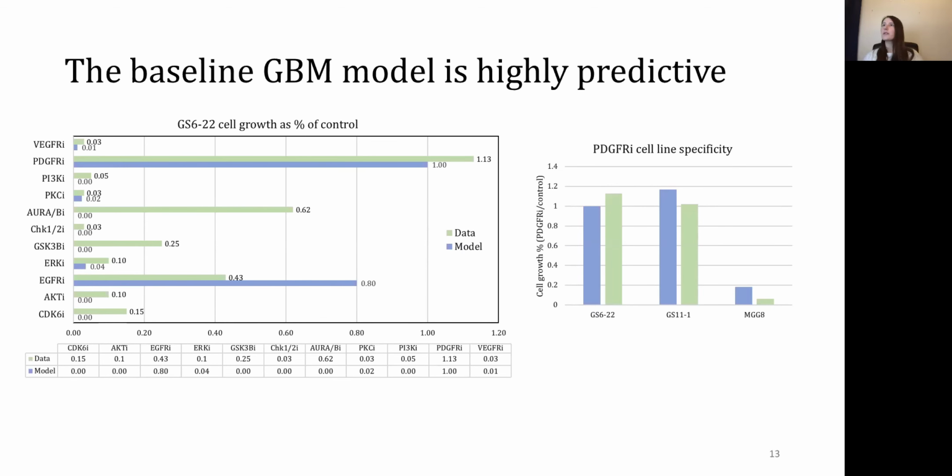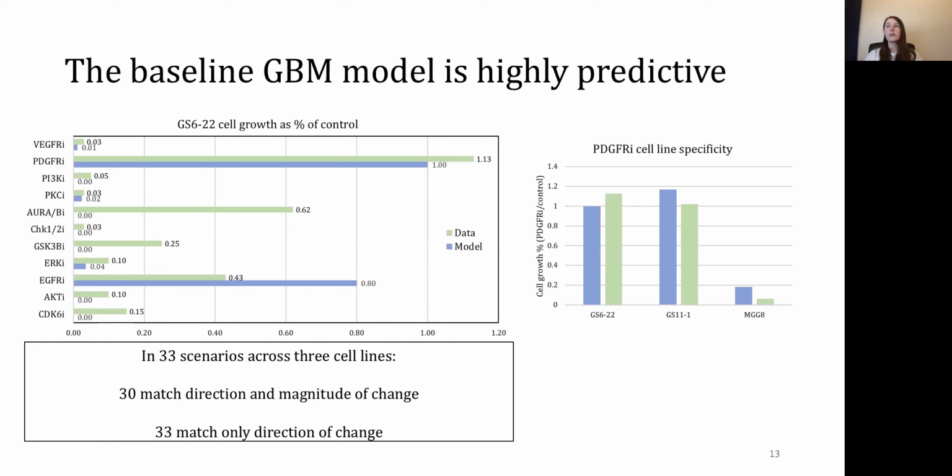And when we do this for all 3 cell lines, for 11 kinases per cell line, we show that our model is 90% accurate when predicting both the direction and magnitude of change induced by kinase inhibition, and 100% accurate when considering only the direction of change induced by kinase inhibition.